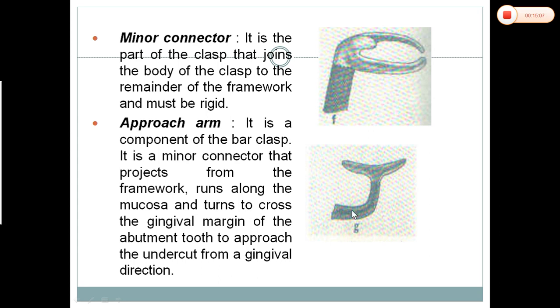It is a component of the bar clasp. It is a type of minor connector that projects from the framework, runs along the mucosa, and turns to cross the gingival margin of the abutment teeth to approach the undercut from the gingival direction. The approach arm connects the return arm terminal of the bar clasp to the remaining part of the framework.